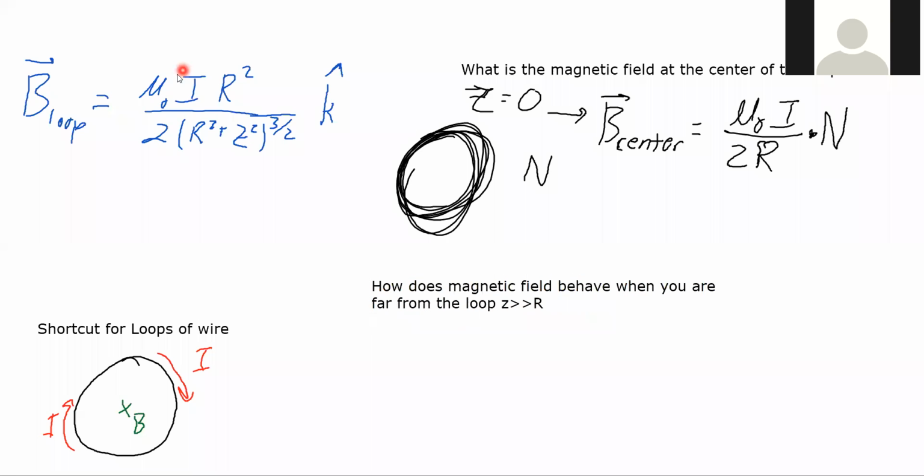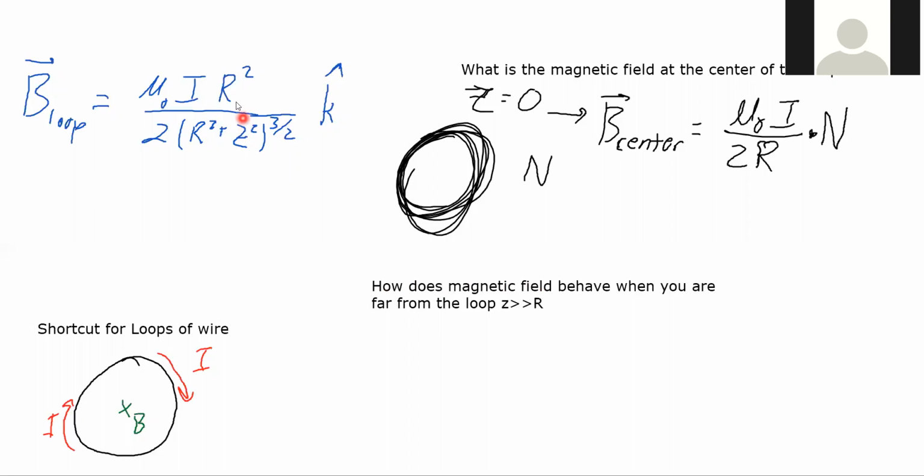If Z is much, much greater than R, even though they're both squared here, R squared plus Z squared, this Z is going to overwhelm this R squared, right? The Z squared is going to be much, much bigger than this R squared. And so that R squared is not going to have a whole lot of weight to be added to it.